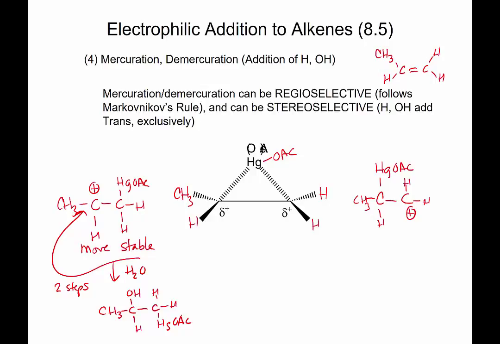So then what happens in the next step? The next step is I add my sodium borohydride. What happens to the mercury? It becomes an H, so that now I've added the H and the OH, Markovnikov, and trans. Okay.